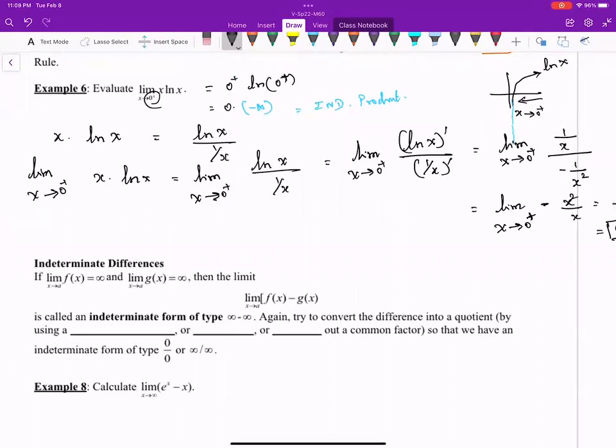So we saw indeterminate quotient, then we saw indeterminate product. Now we are going to see indeterminate differences.